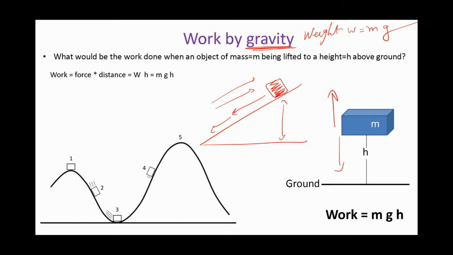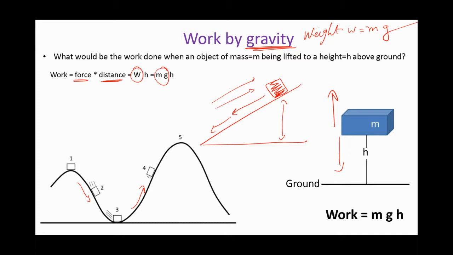Okay. So in all of these cases, we have motion up and down. If the object moves up and down in any of these cases, the weight does or exerts work. This work equals the force times distance. What force? The force is our weight, which is mass times gravity.